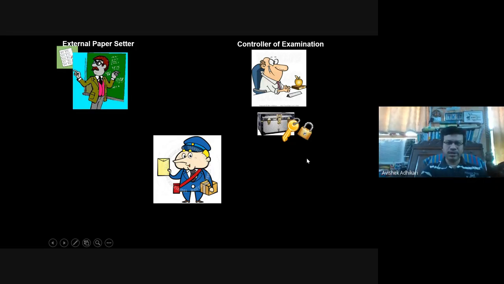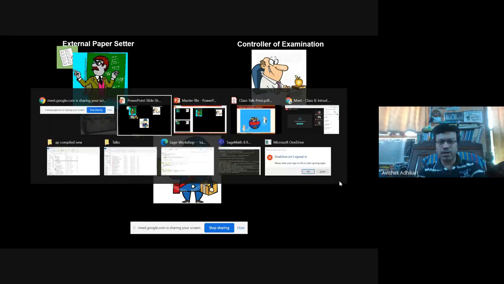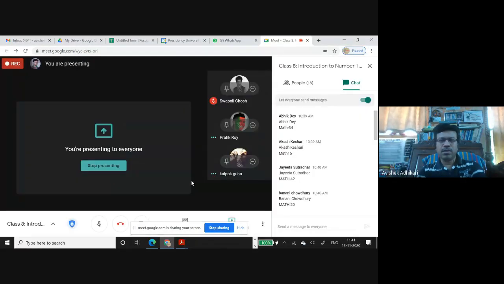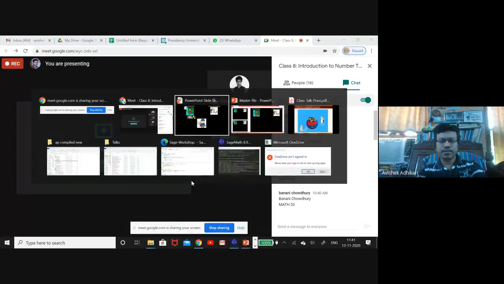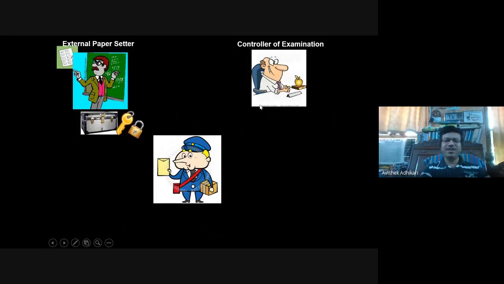He sends this box, as well as this lock and key, using the postman to the external examiner.